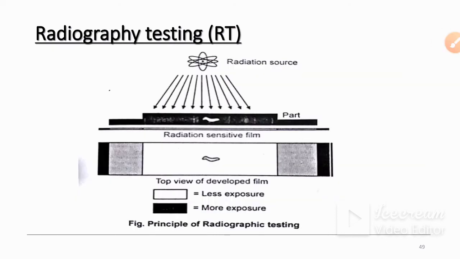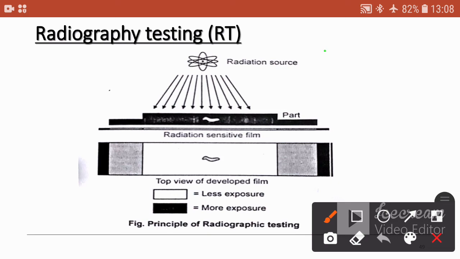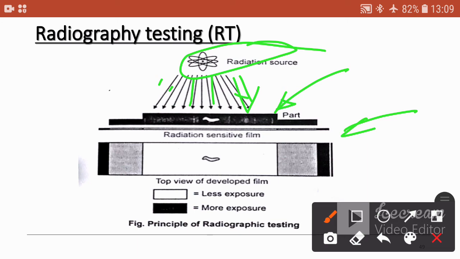So this is a very simple process, same as X-ray. You know what X-ray is. There is a radiation source, and from this radiation source there is radiation. In between is our radiation sensitive film. And we are placing a part or sample specimen between the radiation source and this film.